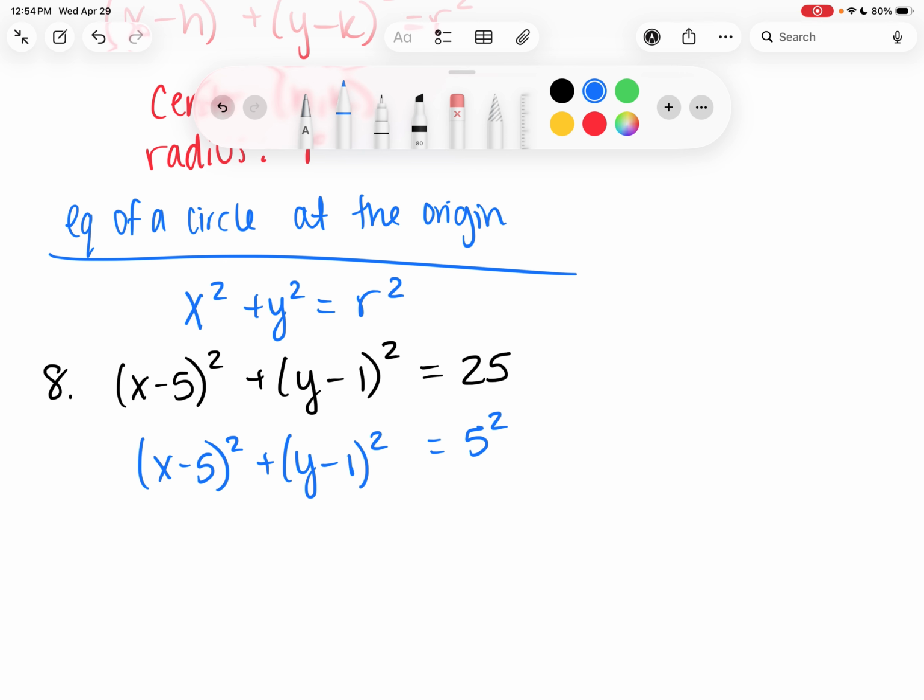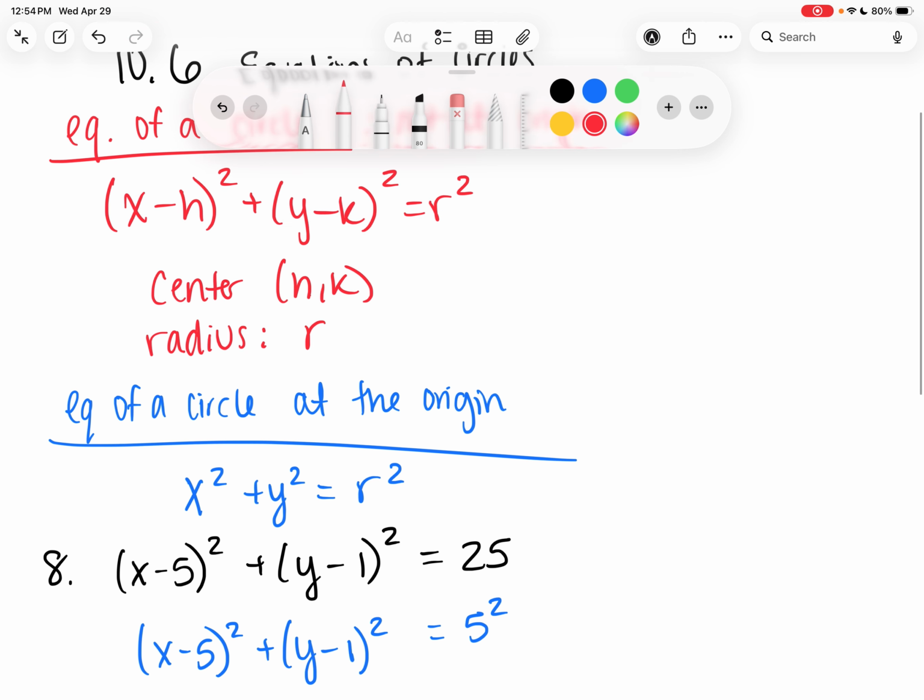So I'm looking for the center and radius of my circle. So the center is at (h, k). Now notice up here, the formula is x minus h and y minus k. If you want to think about it, I like to think of it this way: the center is at the opposite of whatever the sign is here. Since this is a negative sign, down here it's plus.